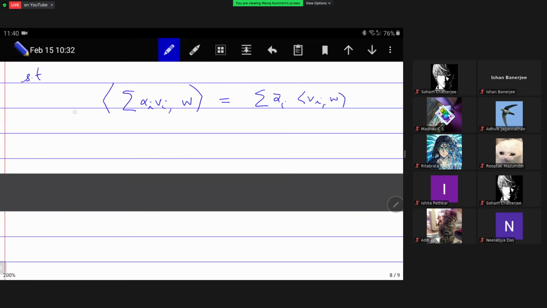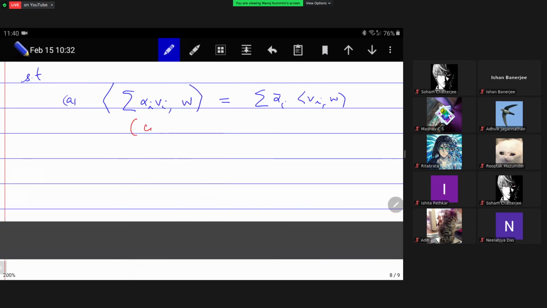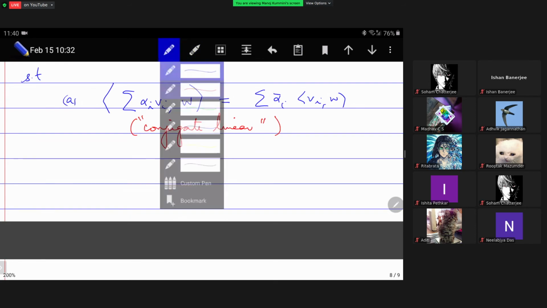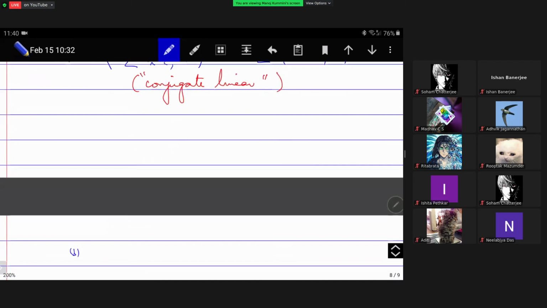The second condition is, so this is what is called conjugate linear on the first factor. So there is a complex conjugate here. The second one is linear on the second factor.